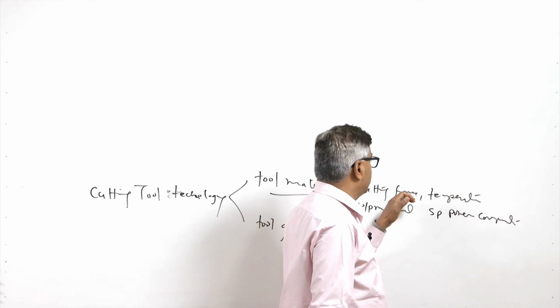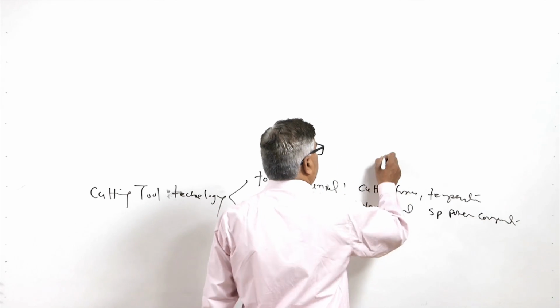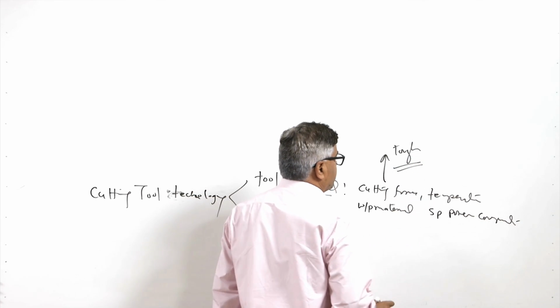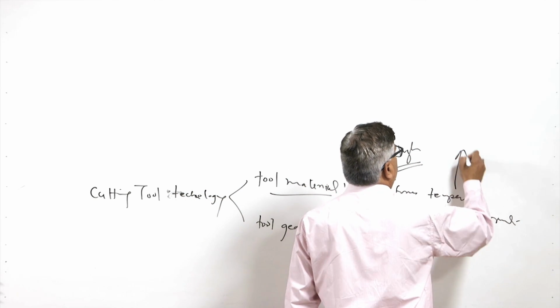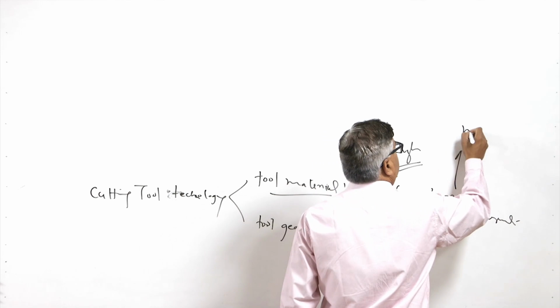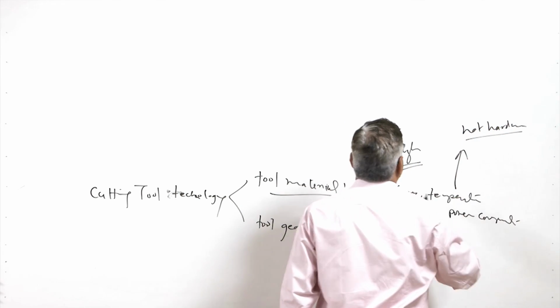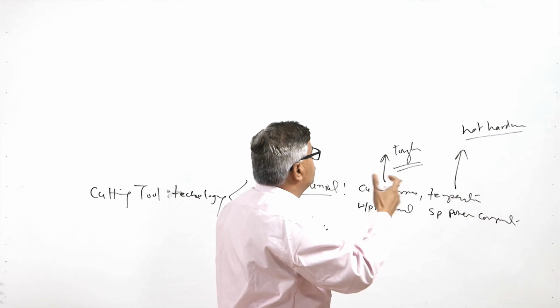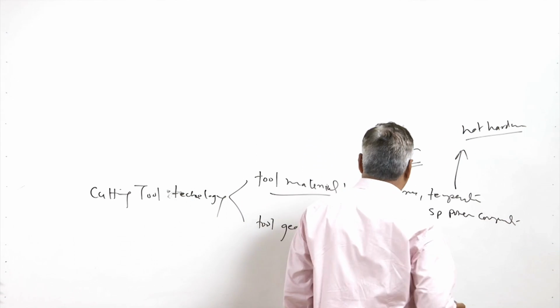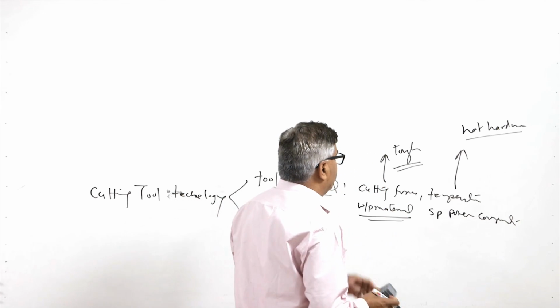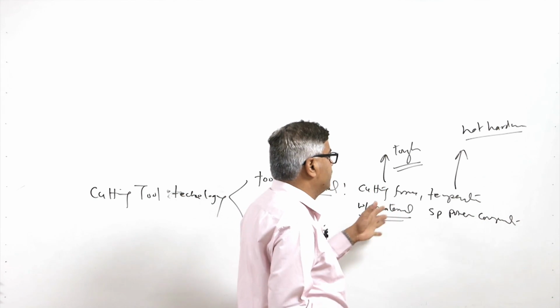In light of the cutting forces, if the cutting forces are too high, then we will select a tough tool material. If the temperature is too high, then we will select high hardness tool materials. Obviously, high hardness tool materials will have somewhat lower toughness, and similarly the work material is also kept in mind, whether it is soft or hard and brittle.